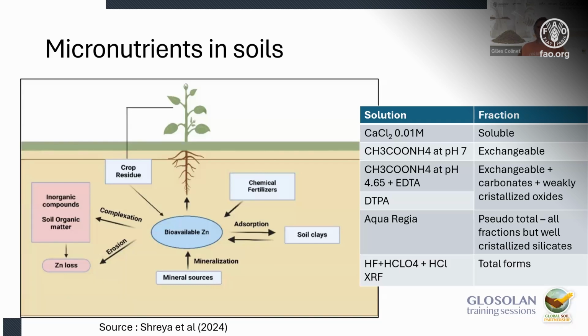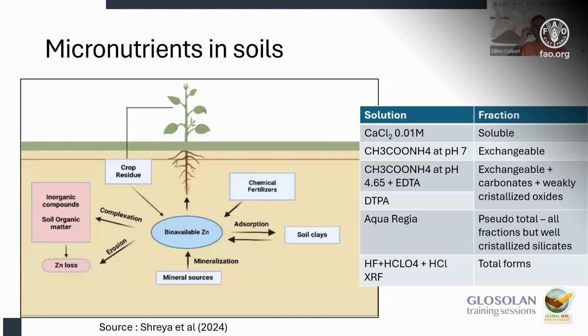There are other extractants, but if you go to the aqua regia, you will have an approximation of the total, which is called the pseudo-total fraction. So it means that you don't dissolve the well-crystallized silicates. And if you use hydrofluoric acid, so in the three-acid method, you will get the total forms.